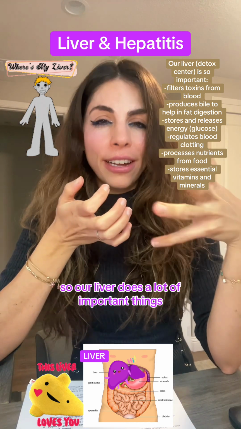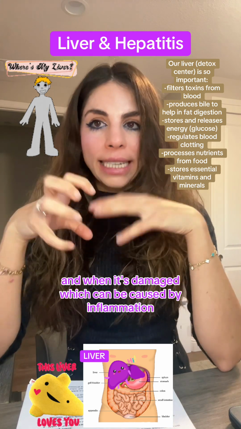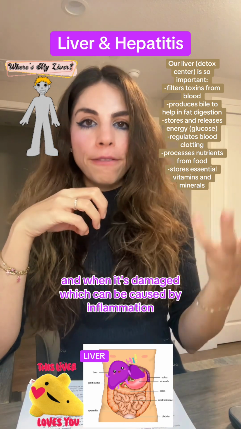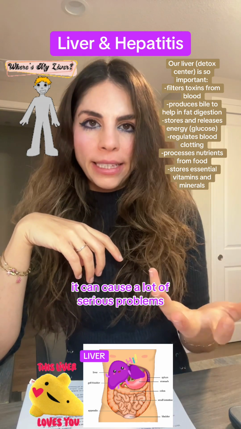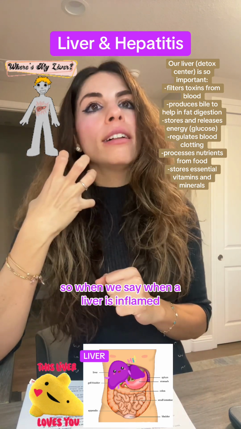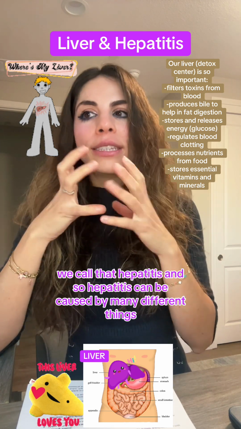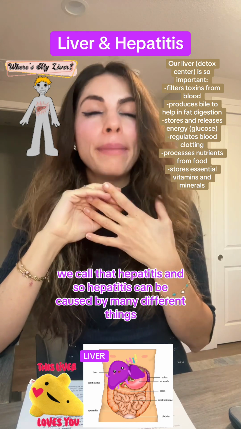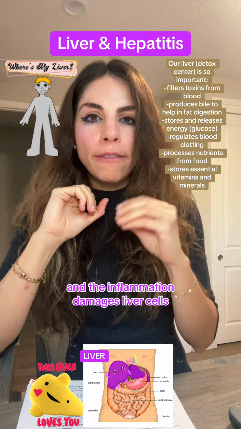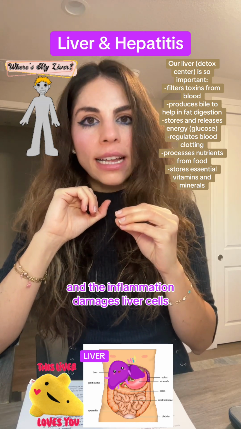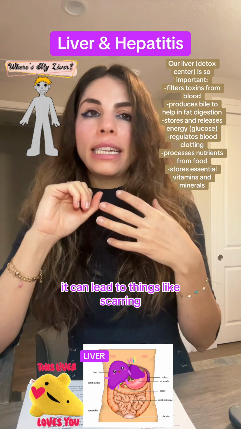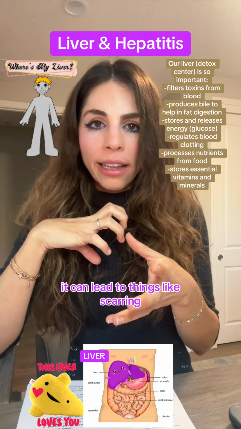So our liver does a lot of important things, and when it's damaged, which can be caused by inflammation, it can cause a lot of serious problems. When a liver is inflamed, we call that hepatitis. The inflammation damages liver cells, and if it keeps happening, it can lead to scarring of your liver.